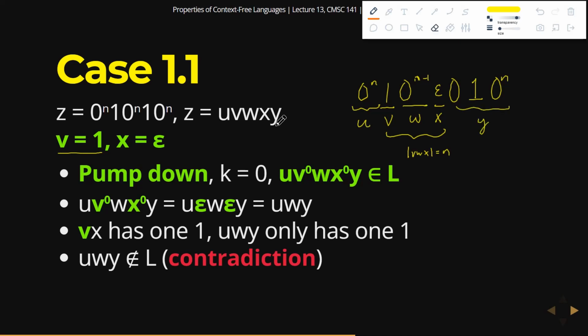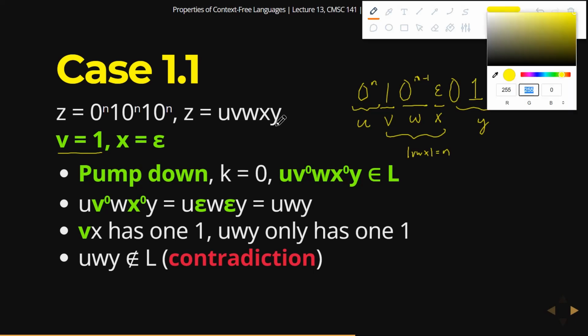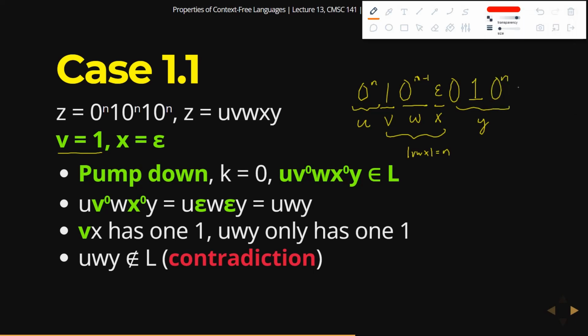Okay, but if you pump this down, I'll make this red. If you pump this down, v0 and x0, that means that v becomes epsilon, x becomes epsilon. So we'll remove this one, and x becomes epsilon as well. So the remaining string is only this one, u, w, and y.